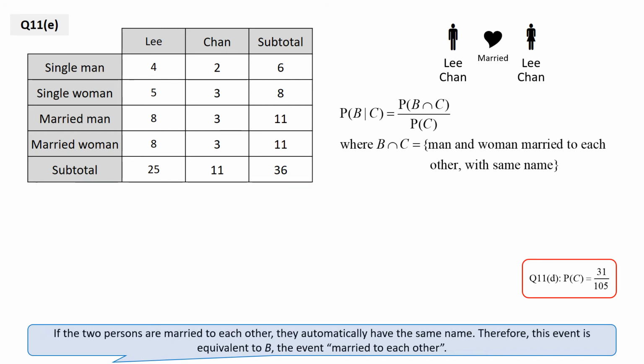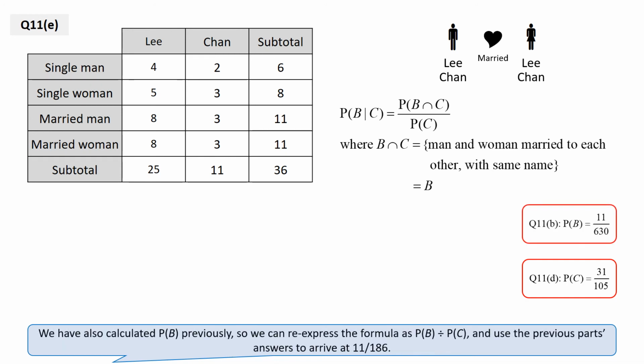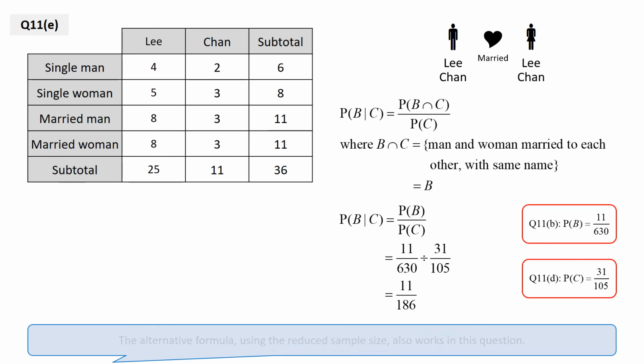If the two persons are married to each other, they automatically have the same name. Therefore, this event is equivalent to B, the event married to each other. We have also calculated probability B previously, so we can re-express the formula as probability B divided by probability C, and use the previous parts' answers to arrive at 11 over 186.